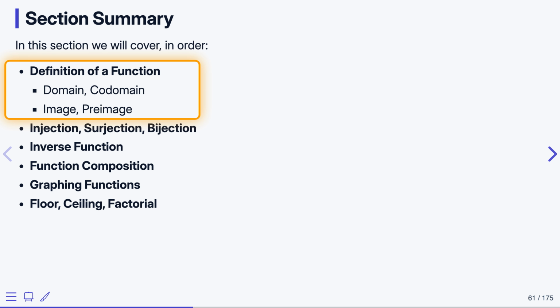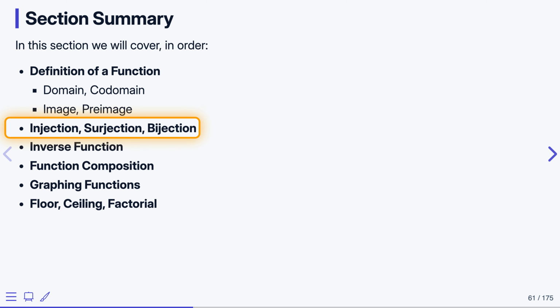First, the definition of a function with 4 key words that name its parts: the domain, the codomain, the image, and the preimage. Second, 3 special kinds of function: injection, which means one-to-one, surjection, which means onto, and bijection, which is both at once.